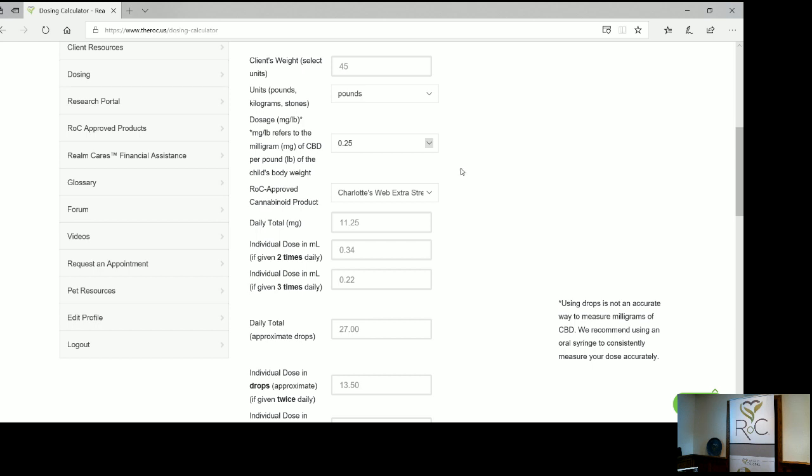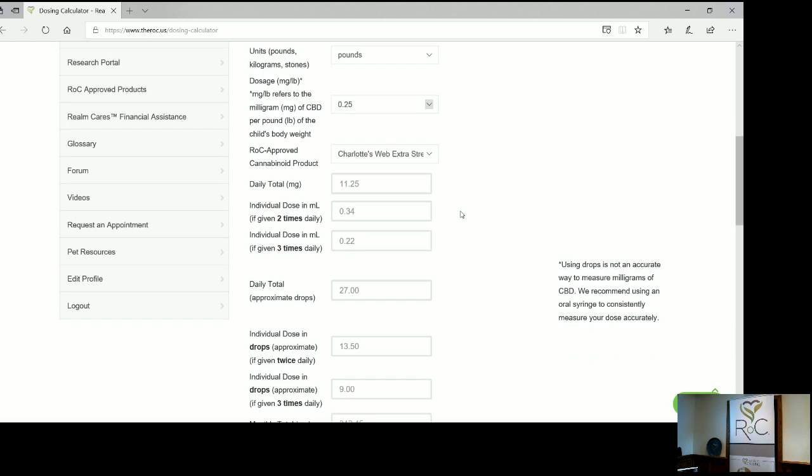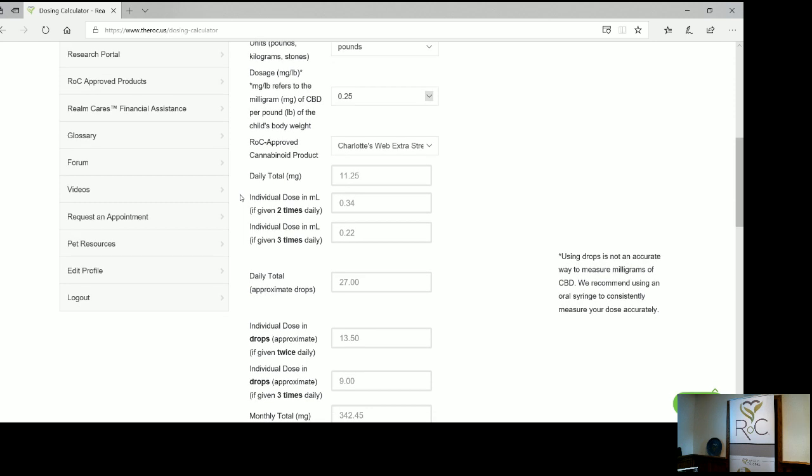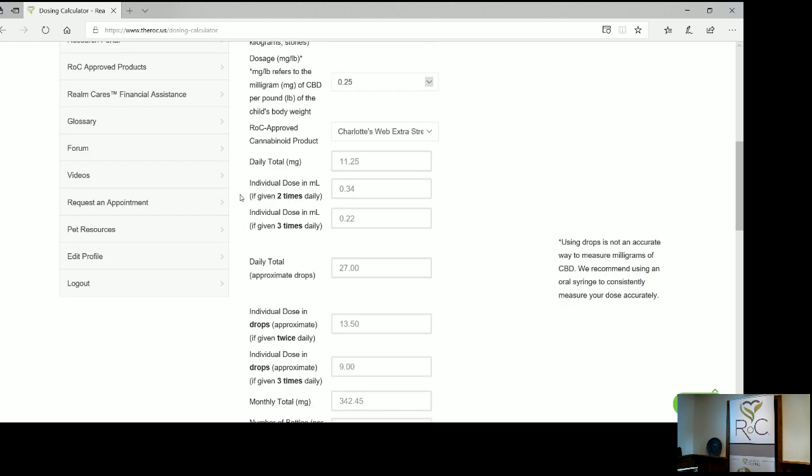So same thing with the adult dosing calculator. It tells you how many milligrams that's going to be needed for the day. For this particular illustration, that's going to be 11.25 milligrams of CBD for the day based on weight. And it also tells you how much to give in milliliters based on the specific product we purchased. And it'll also tell you how much to give in drops.